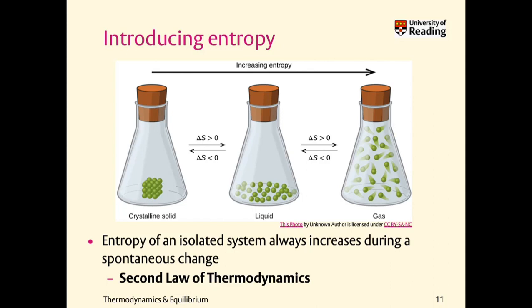Entropy of isolated systems always increases. Think of this from the point of view of the universe, a chemical reaction. If you drop a box of matches, what happens to the matches? The natural world favors disorder and high entropy.